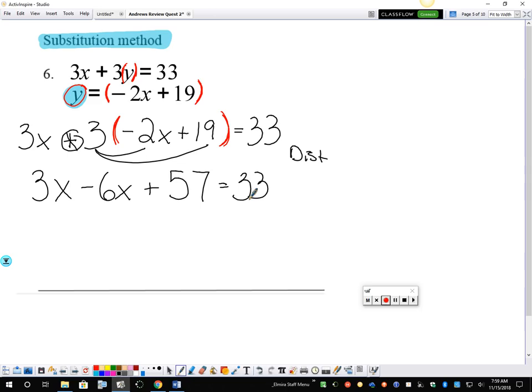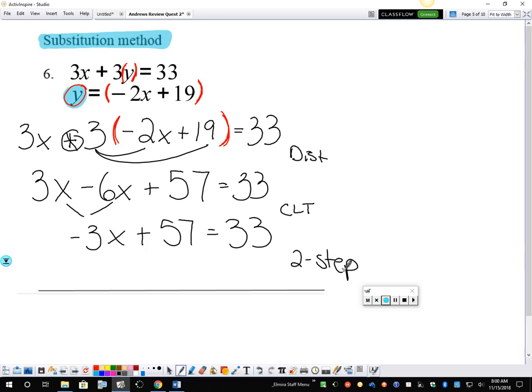So after we distribute, we're going to combine like terms. I see like terms right here. 3x minus 6x is a negative 3x. Plus 57 equals 33. After that, we've got a two-step. So we'll subtract 57 both sides.